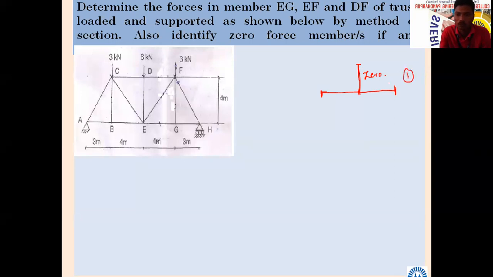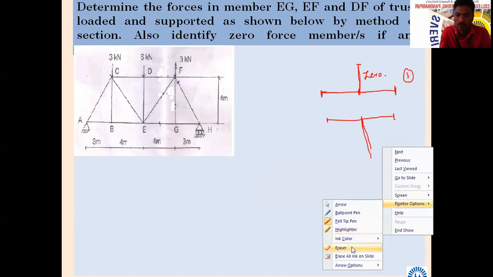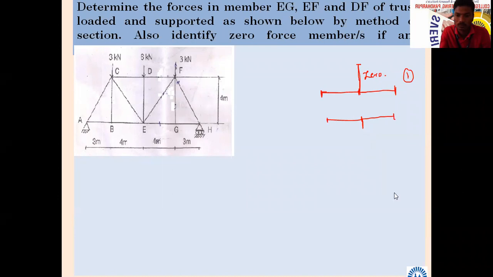Or if two members are collinear and one member is inclined like this, and there is no load there, then this member will be a zero force member.